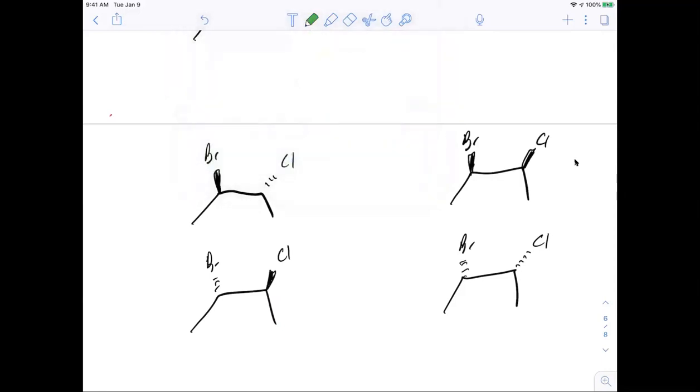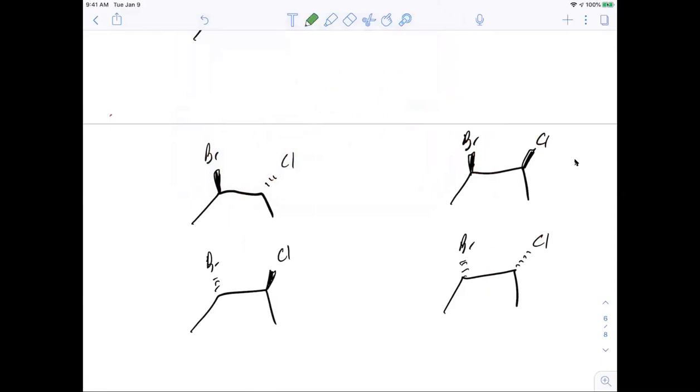Now, if we look for mirror planes in these four, can we have a mirror plane bisecting any of the four versions? Can we have a mirror plane here now? No, we've got a chlorine and a bromine, right? Here, chlorine, bromine, here, chlorine, bromine, and also they're on opposite sides of the plane.